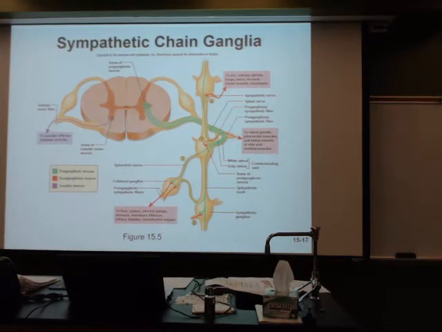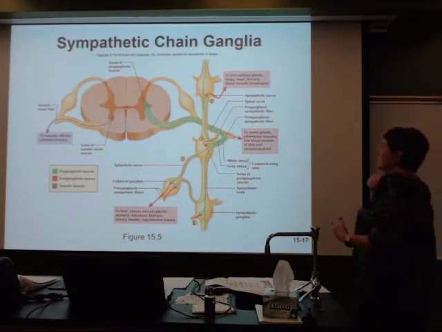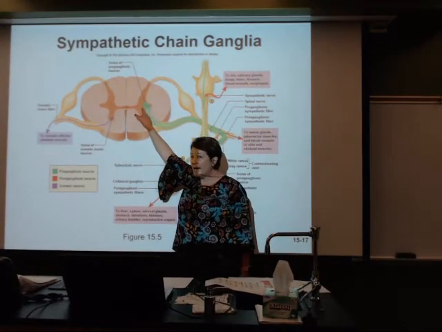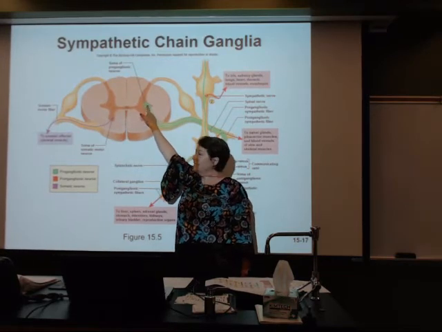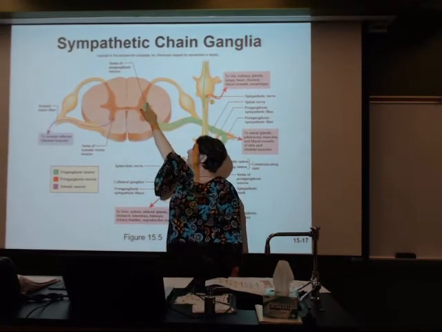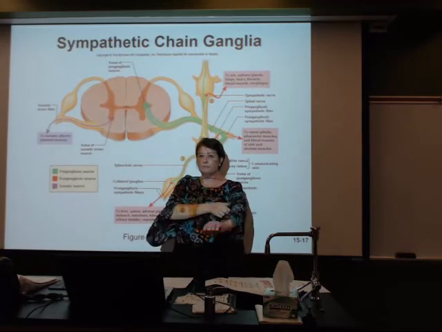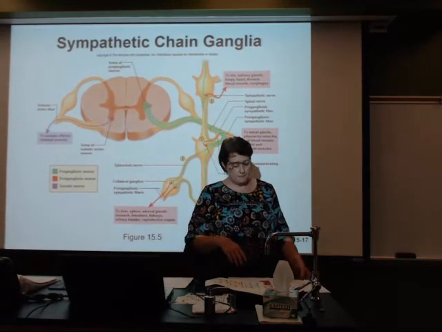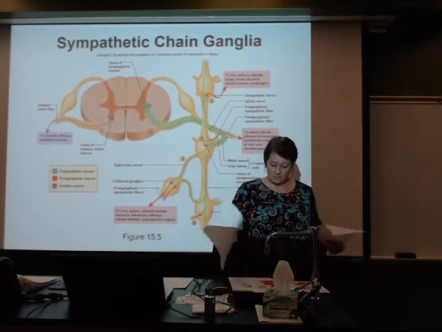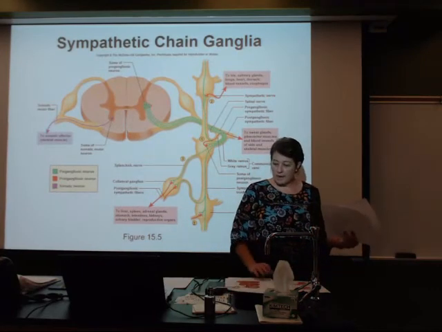Anterior is for peripheral. Anything on the lateral side is for my autonomic nervous system. So they're showing my nerve cell bodies arising in this lateral horn. Is everybody with me? Yes, no, maybe.